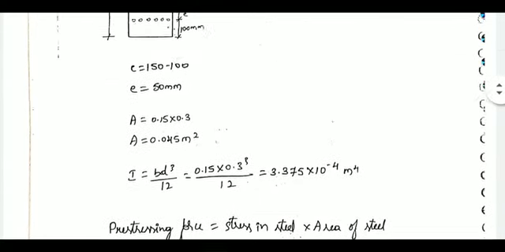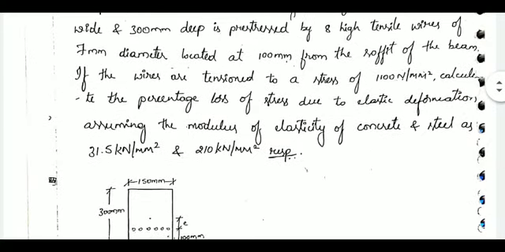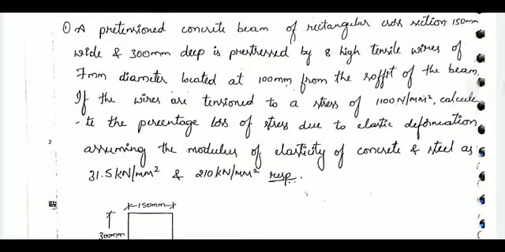And in the question, the pre-stressing force is not given directly. Here the number of wires and the diameter of the wires is given, and a stress per mm square area is given.